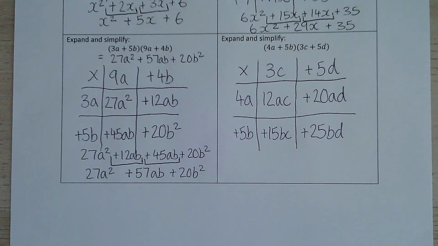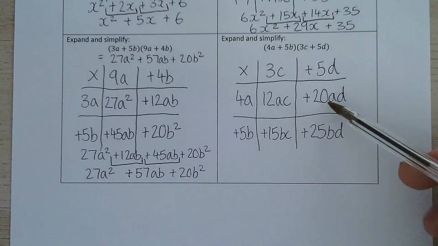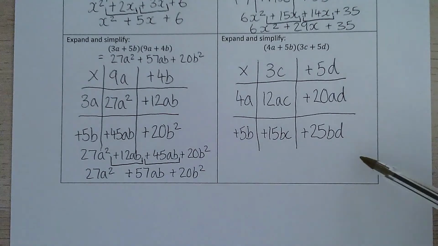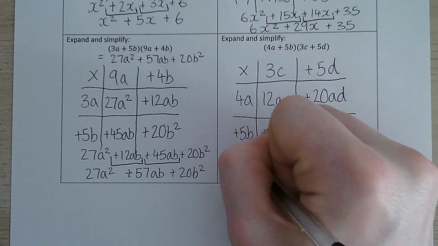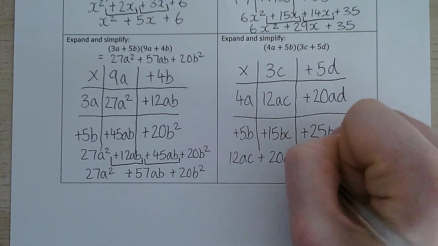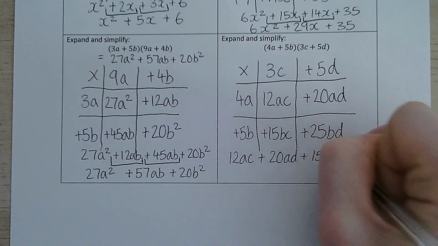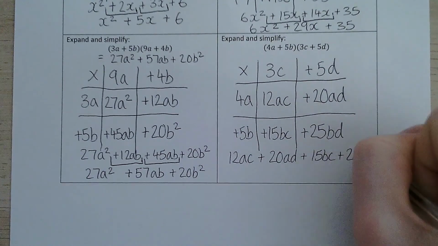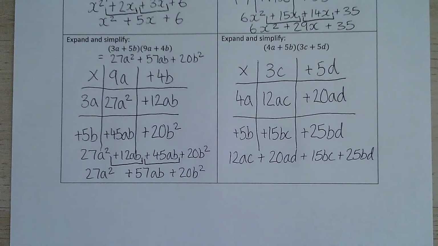We then, just as before, need to write our 4 answers next to each other in a line. So we get 12ac plus 20ad plus 15bc plus 25bd. And now we need to check if we can simplify this expression. To simplify, each term needs to have exactly the same variables as another term in the expression.